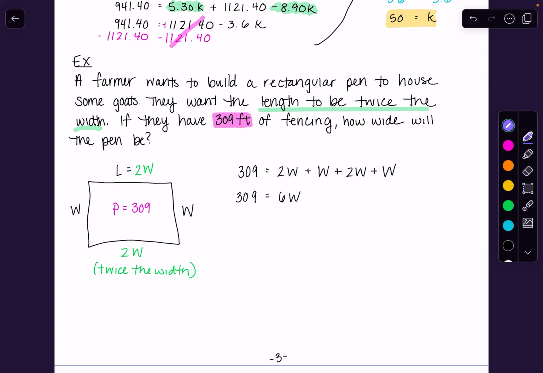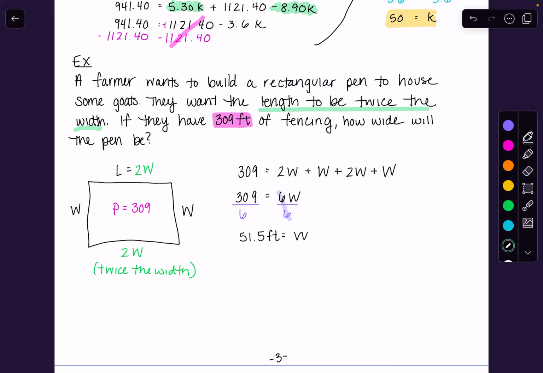And then to get W on its own, we go ahead and divide by 6 to make these two cancel. And if you do 309 divided by 6 gives us 51.5. And our units on this, because the perimeter was given in feet, mean the width is 51.5 feet.